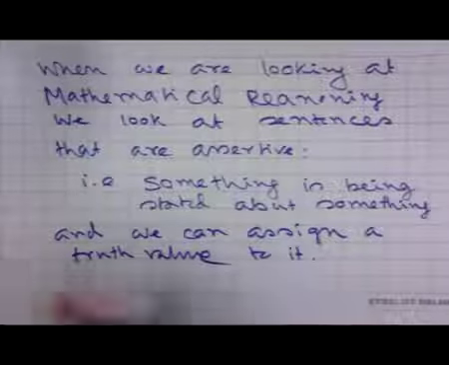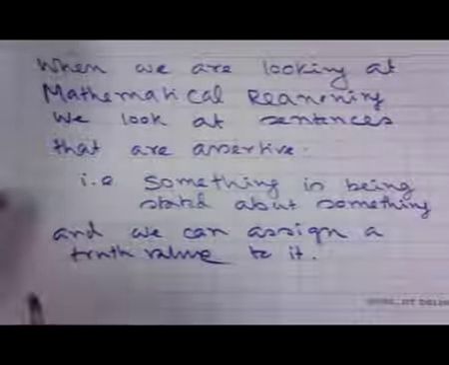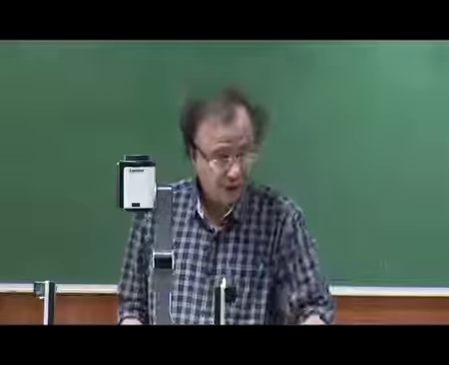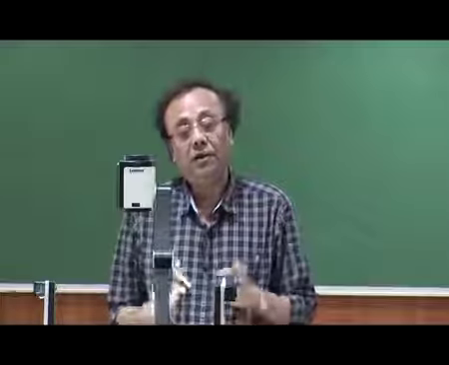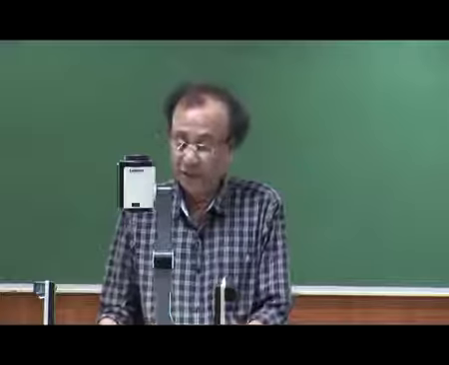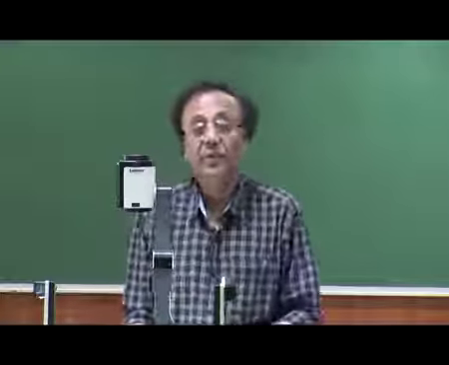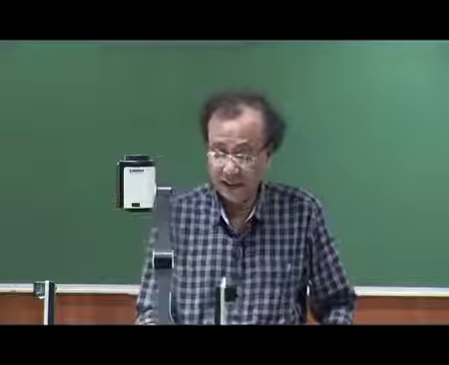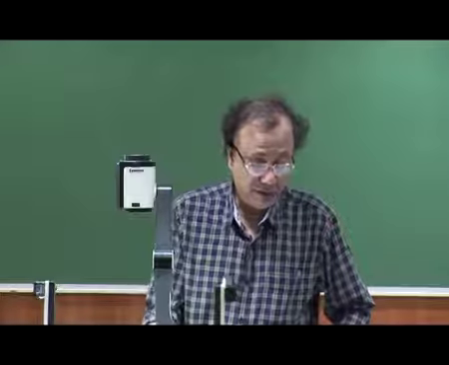Okay. Now, I will give you examples of many sentences where we actually cannot assign any truth values, or there will be ambiguities when we try to assign such values. So, I give you some examples.